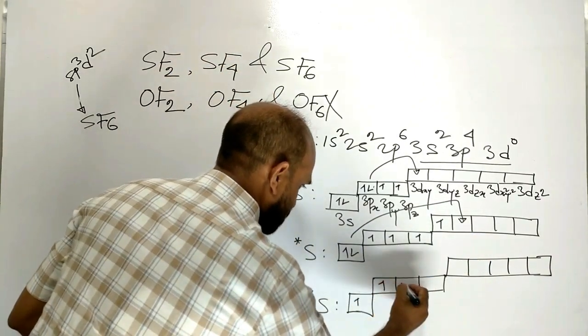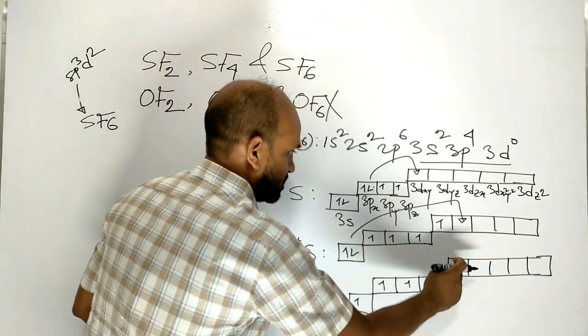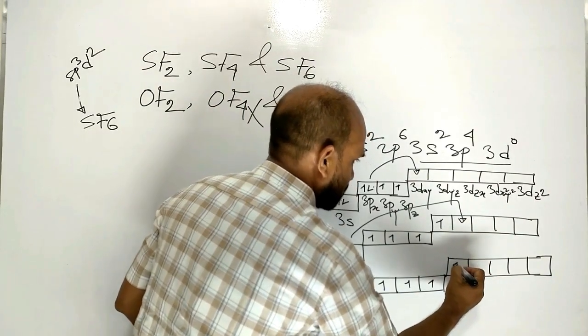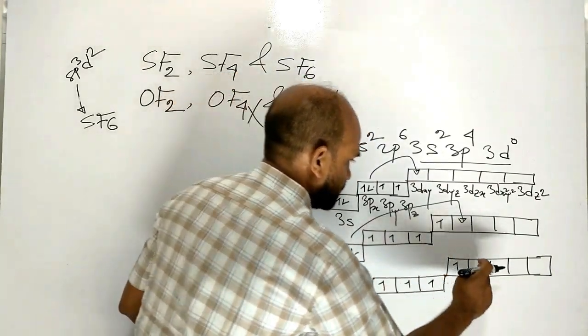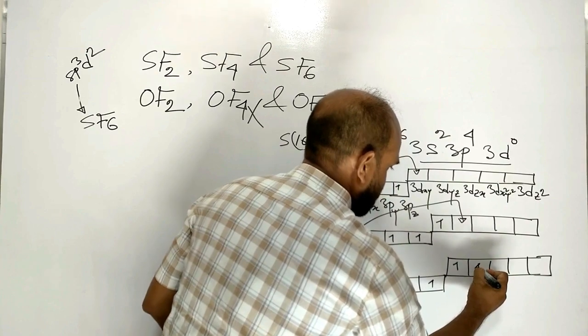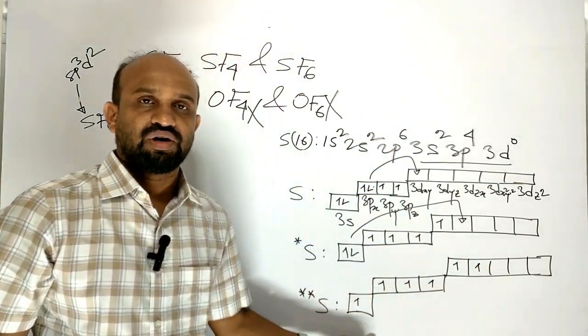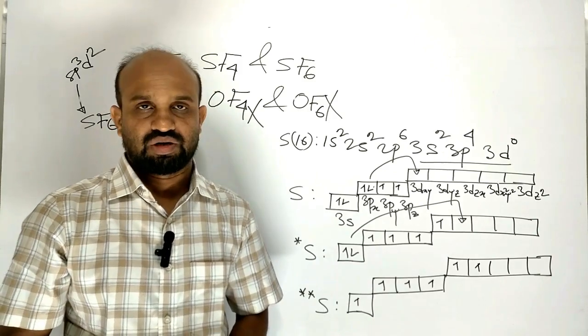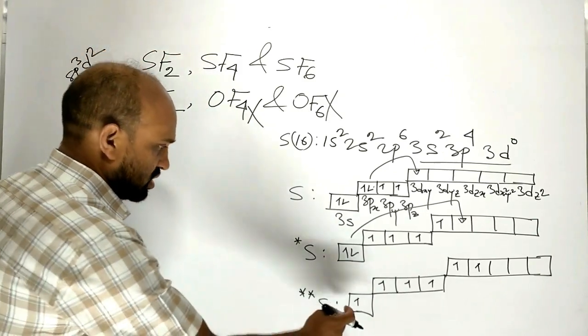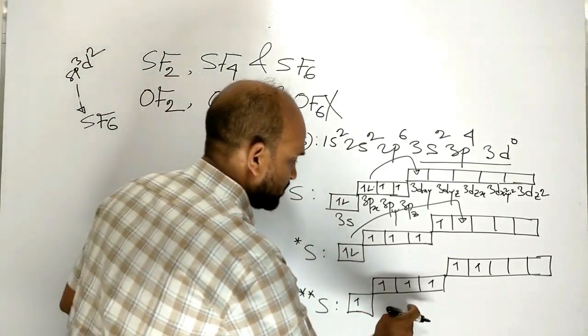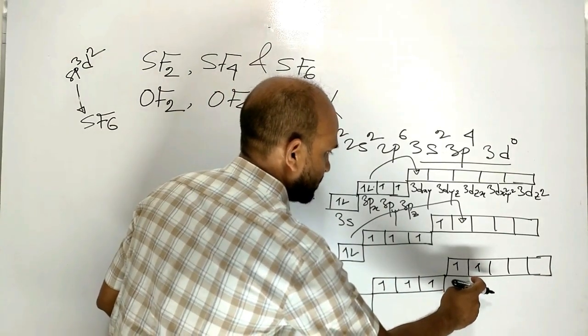Here 1 electron, and in d orbitals, here 1 electron, and this electron shifted here. So now in the valence shell of sulfur there are 5 unpaired electrons, in 3s, 3p, and 3d orbitals.